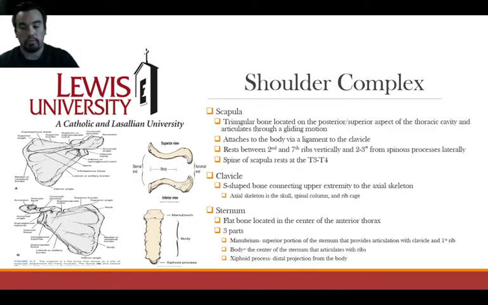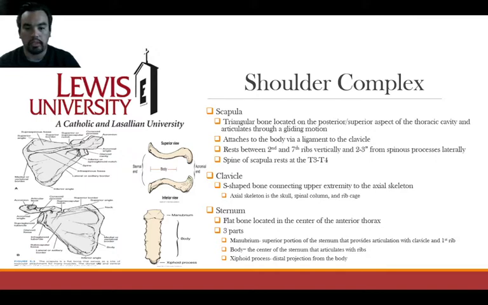So, the shoulder complex starts with the scapula. The scapula is a triangular bone located in the posterior superior aspect of the thoracic cavity and articulates through a gliding motion with the thorax. It attaches to the body via a ligament to the clavicle and also through soft tissue muscles as well.